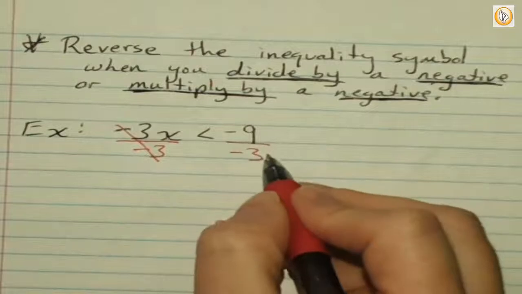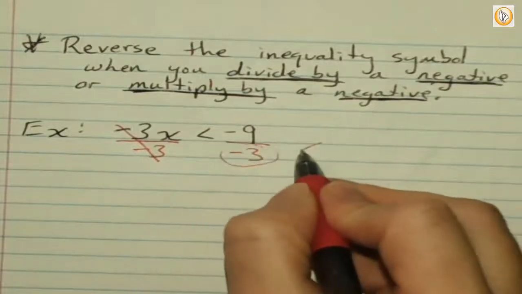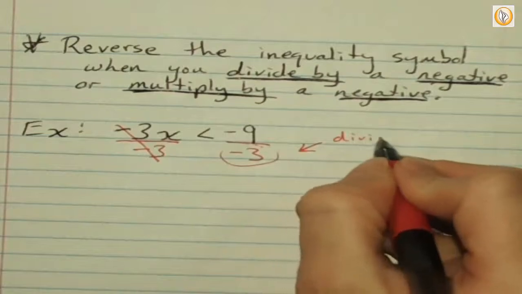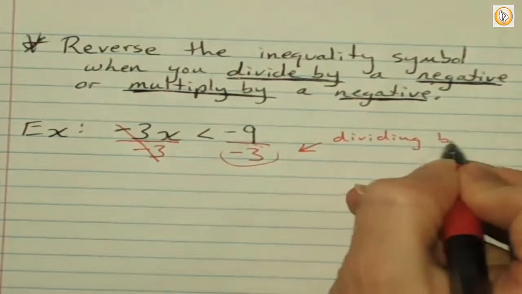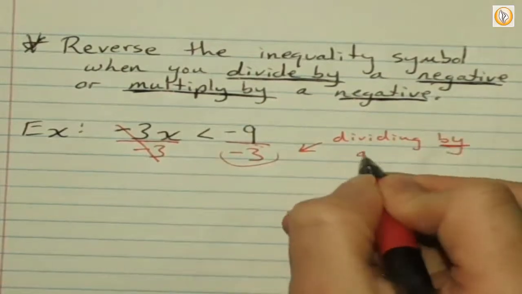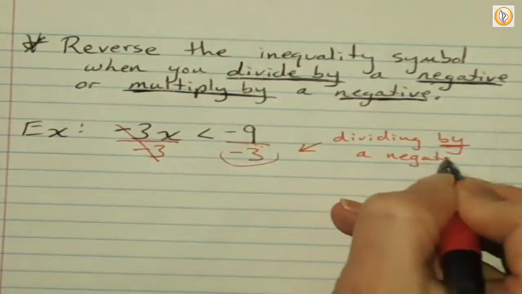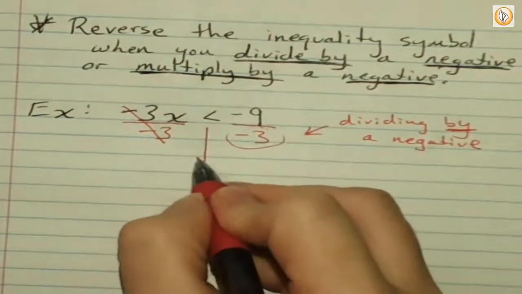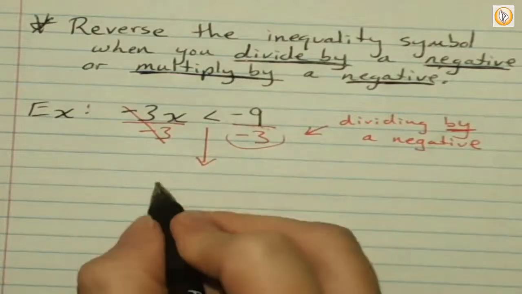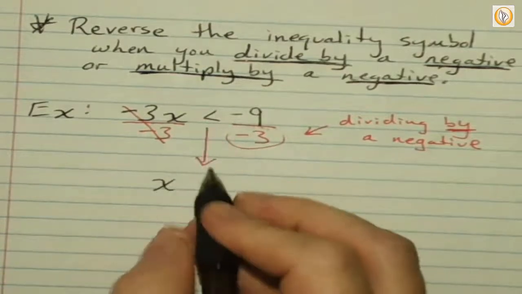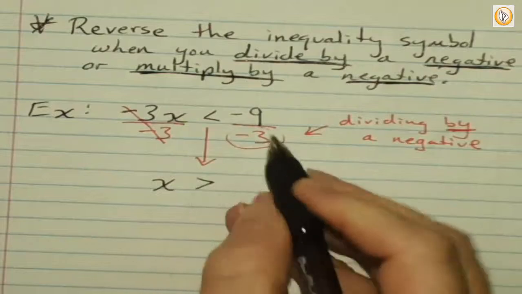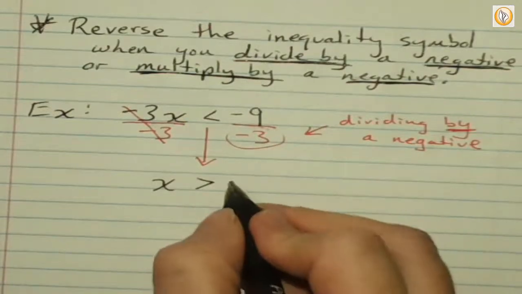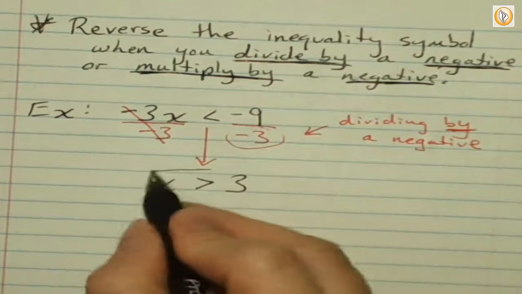Notice, right here, we are dividing by a negative. Therefore, we're going to switch the inequality. It was less than, now it's going to be greater than. And a negative divided by a negative is what, Valeria? Very good. So we have positive 3.